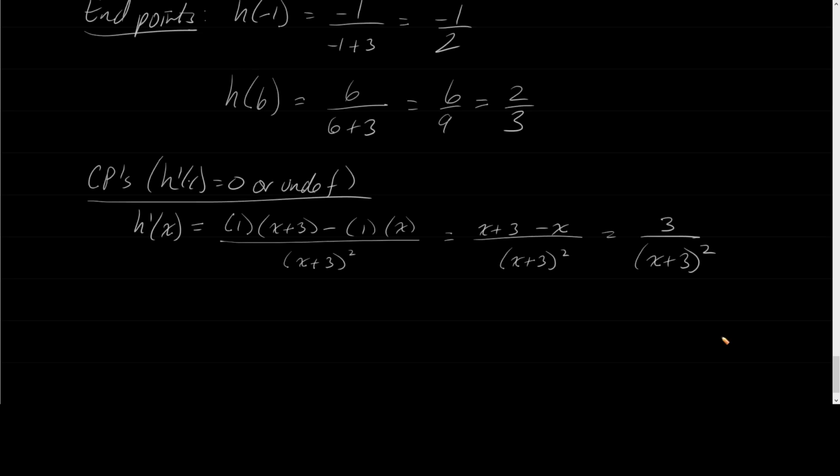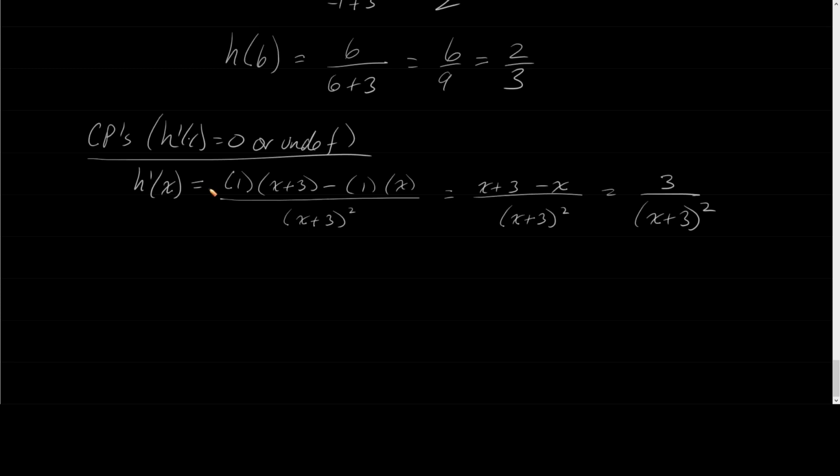So that's my derivative. Next, I said that the critical points happen where the derivative is undefined or is equal to 0. So let's figure out where the derivative is equal to 0. So h prime of c equals 0 means 3 over x plus 3 squared equals 0.